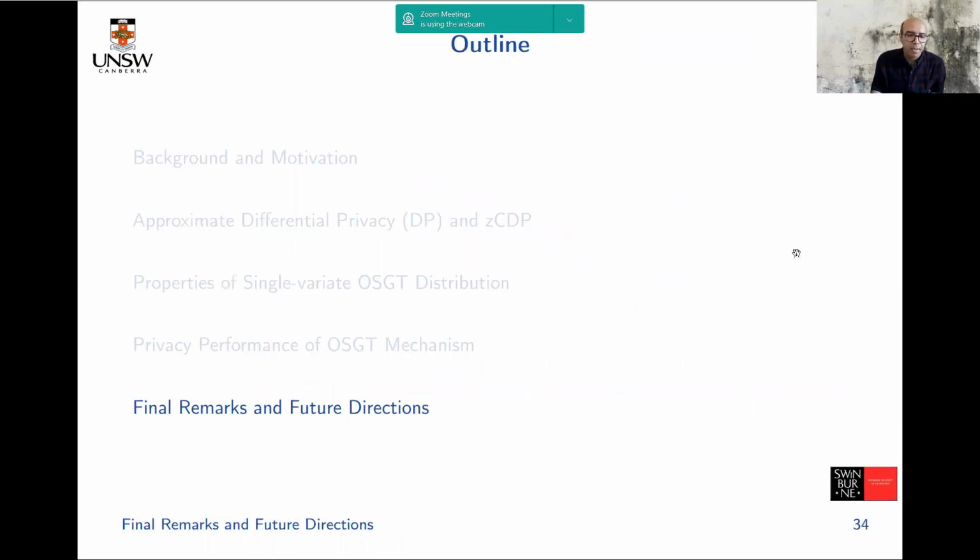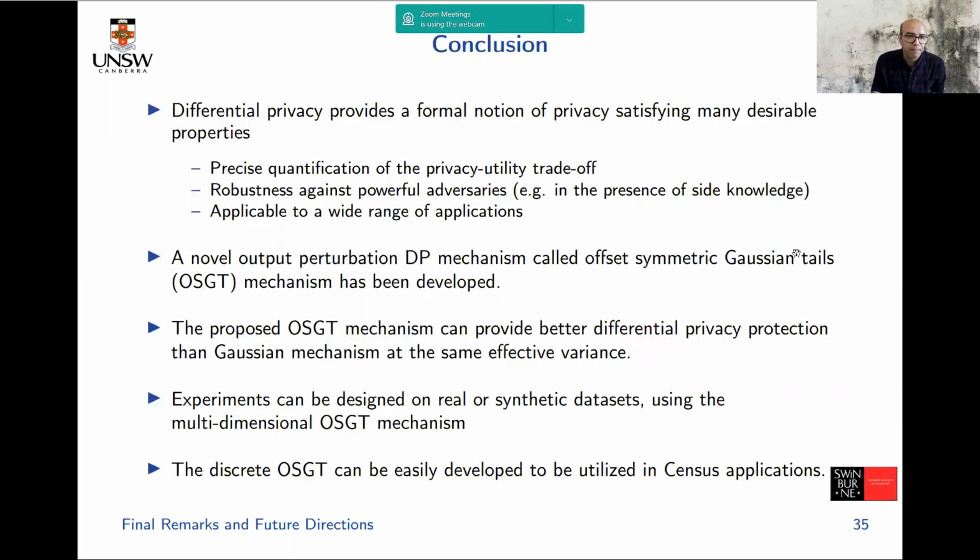And finally, some conclusions. We talked about differential privacy. We said differential privacy can give us a precise quantification of the privacy-utility trade-off, because we cannot have absolute privacy or zero privacy loss.